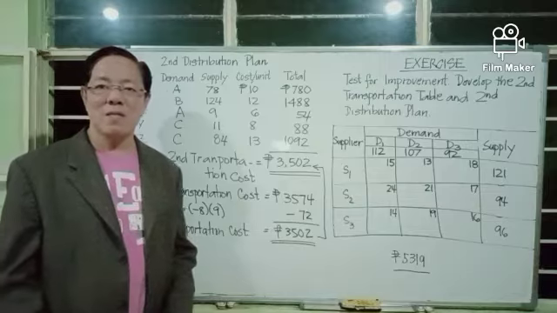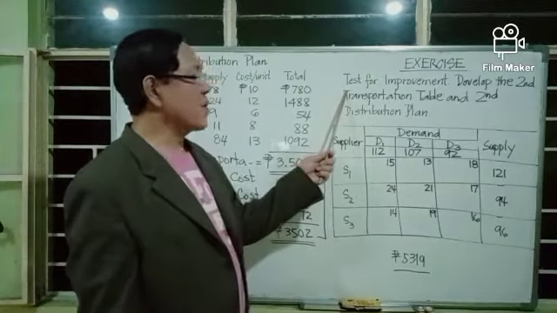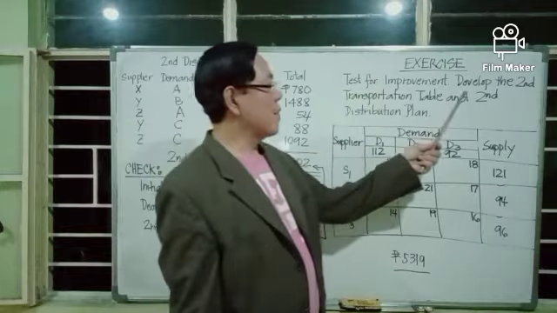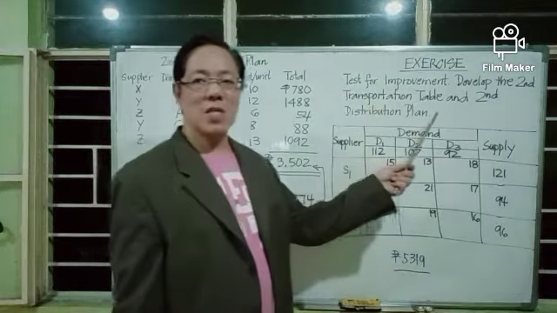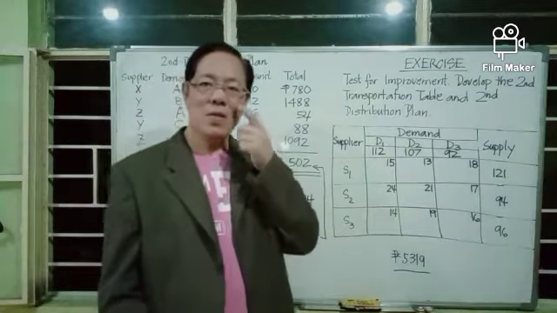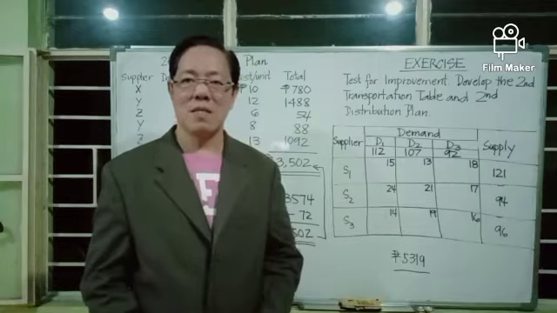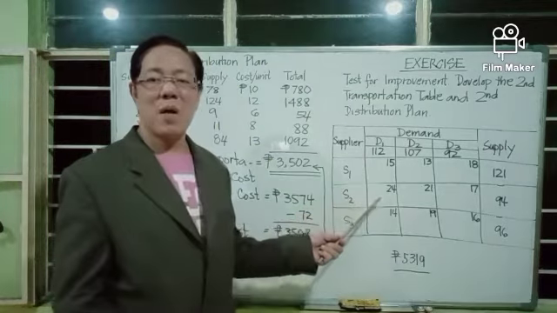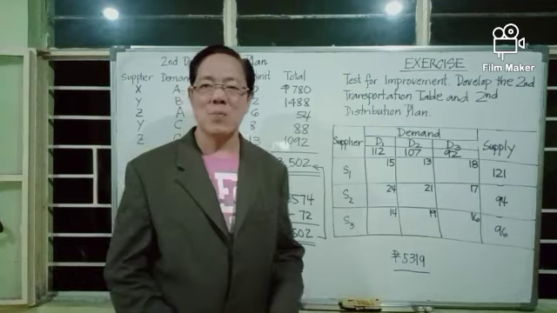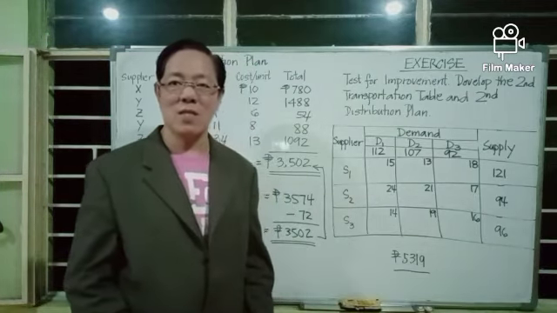For your practice, you try the following exercise. Test for improvement. Develop the second transportation table and second distribution plan. Again, to test for improvement, you only consider the vacant cells. And this was the transportation problem I gave you in the last lesson, the lesson before today's lesson.